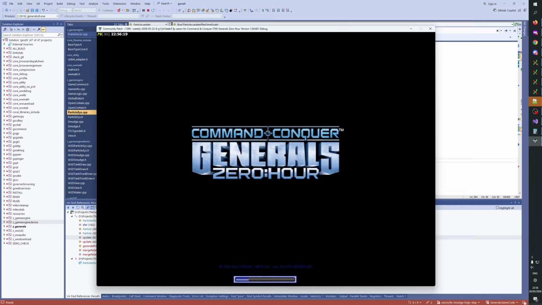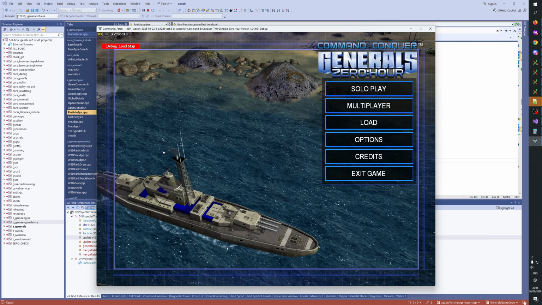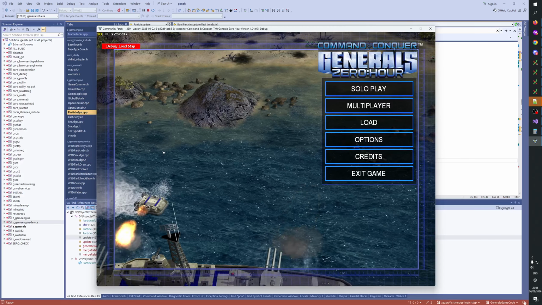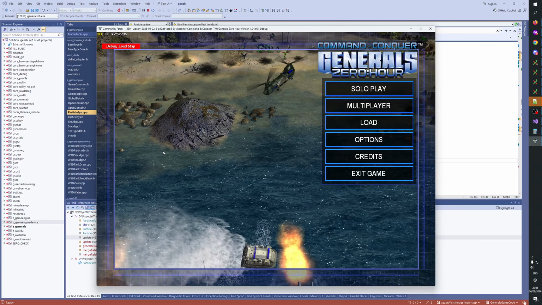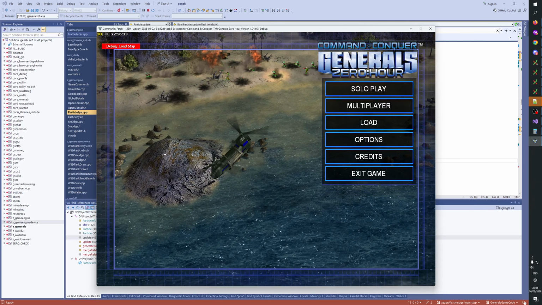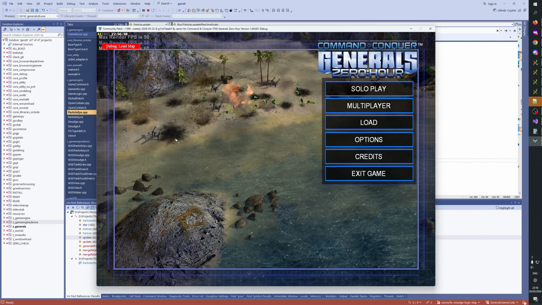Okay. Let's see. Okay, that doesn't look too bad. Oh, it looks pretty decent. Ah, well, we are at 30 FPS. Never mind.